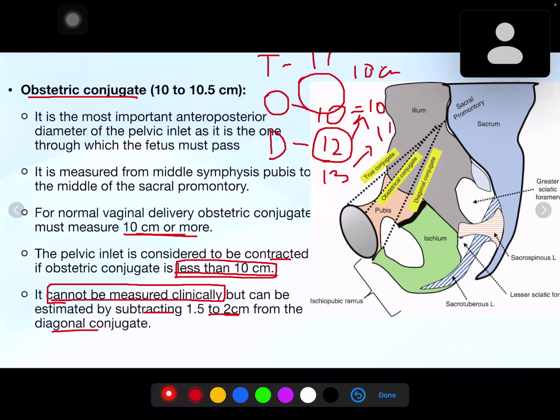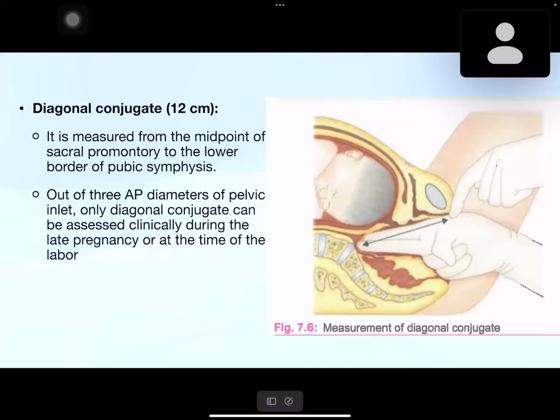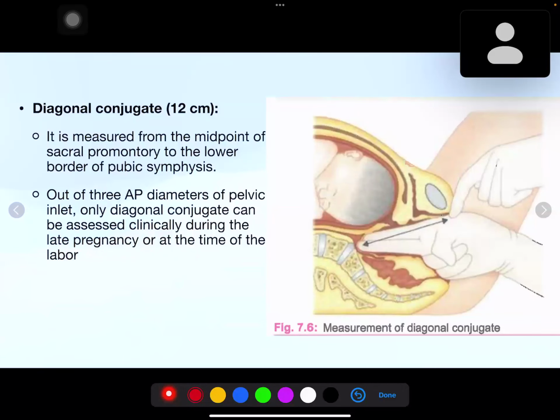See, this is how we determine the obstetric conjugate and the significance of this diagonal conjugate as well, because only the diagonal conjugate can you basically measure, not the other diameters. Okay, so this is the diagonal conjugate, and how do you measure it? You insert 2 fingers through the vagina and you go up with your finger till the sacral promontory.